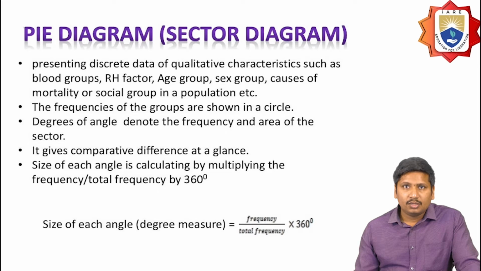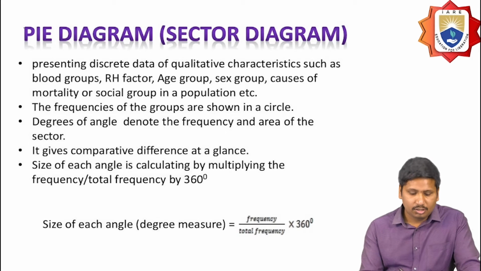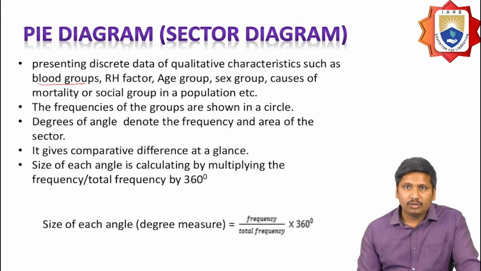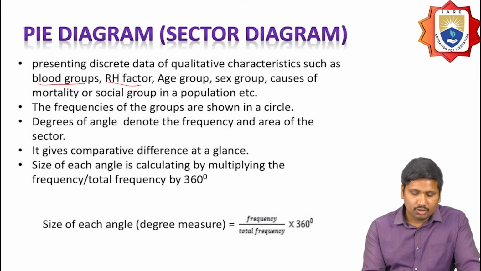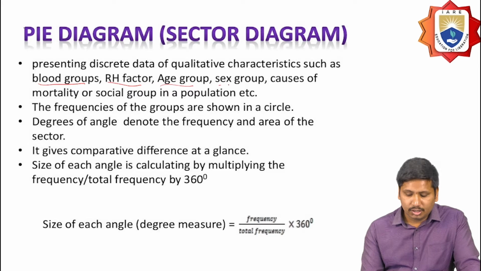So the pie diagram is nothing but a presentation of discrete data of qualitative characteristics, for example blood groups, RH factor, age group, sex group, and causes of mortality or social group in a population.